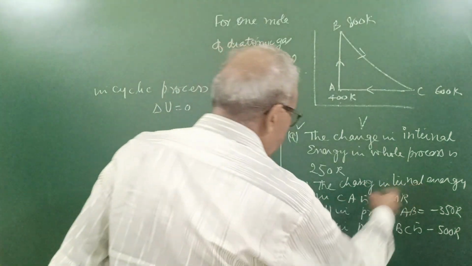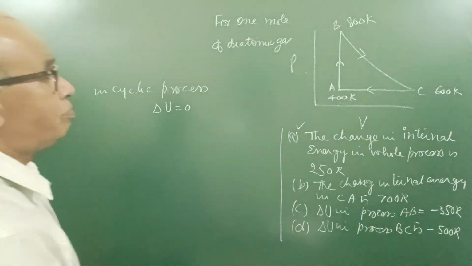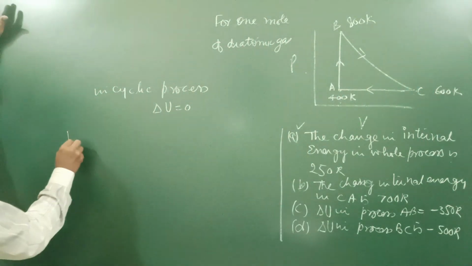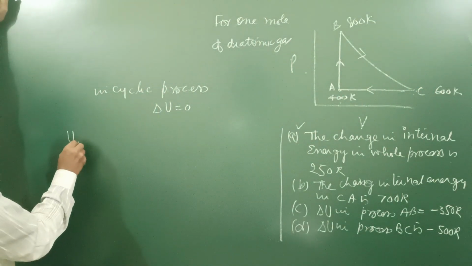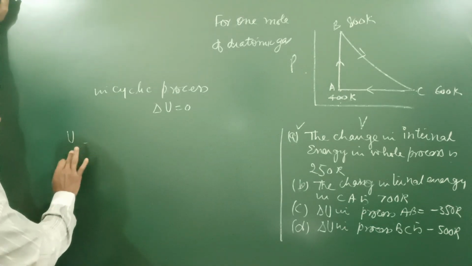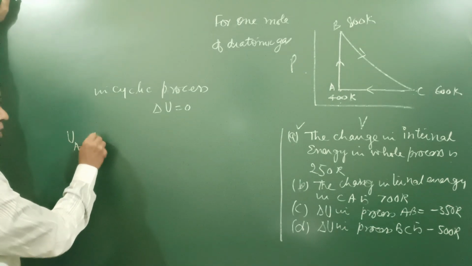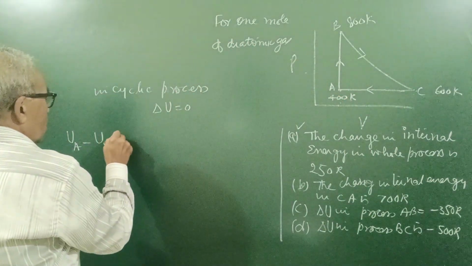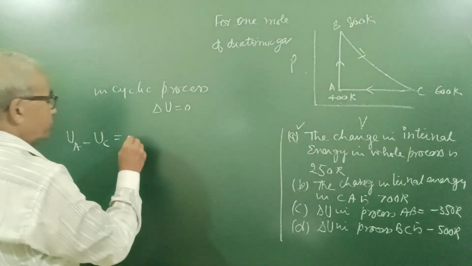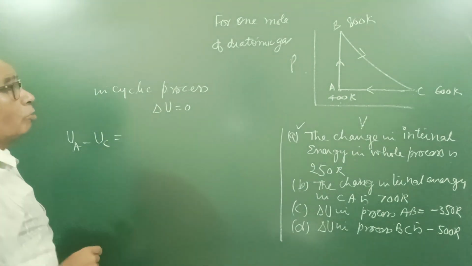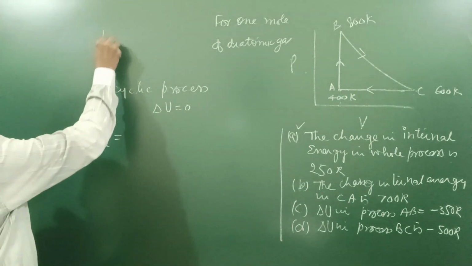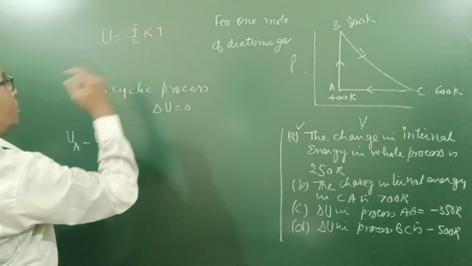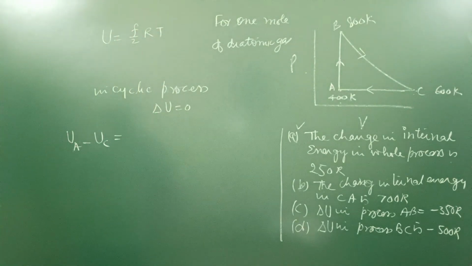Now change in energy in process C to A, that is UA minus UC. For diatomic gas, internal energy of gas is equal to F by 2 RT. I have told you F is the degree of freedom.